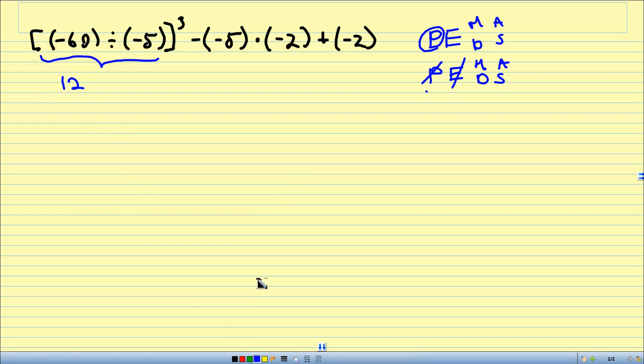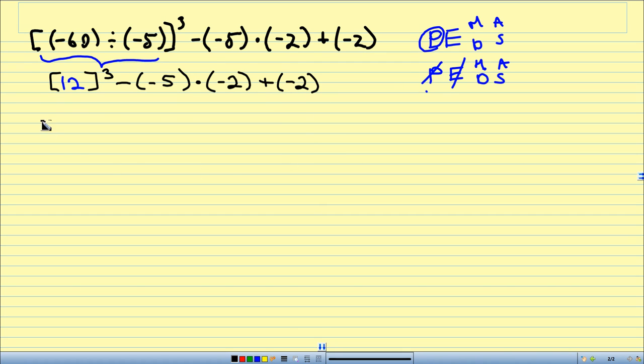I get positive 12. And then from there, we're going to go back here, and I'm going to fill everything else in. So positive 12 cubed minus negative 5 times negative 2 plus negative 2. And now I'm done with multiplication or division.